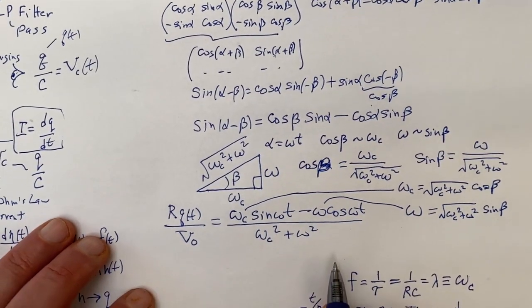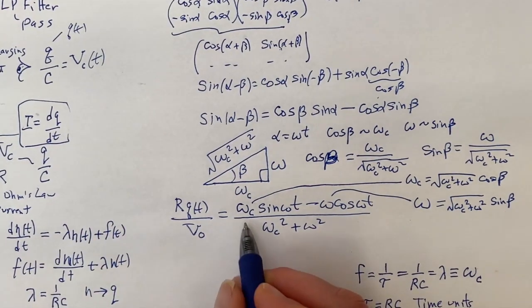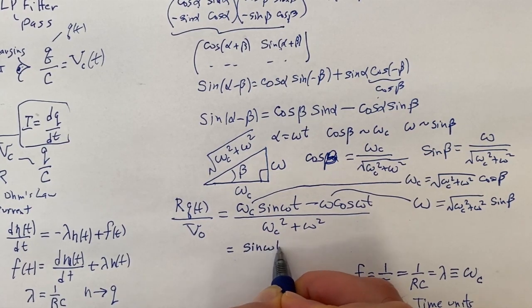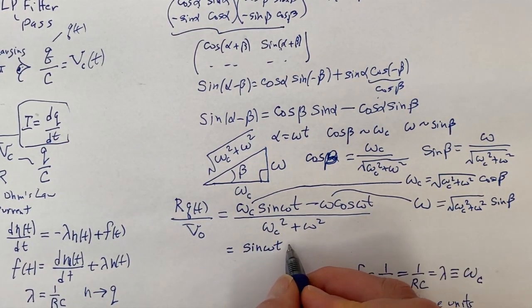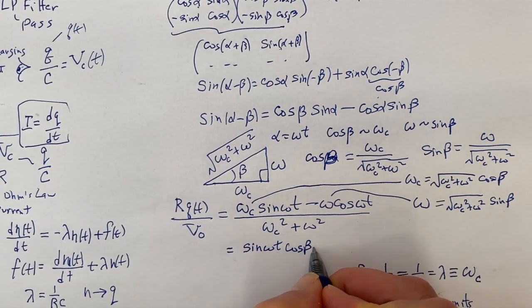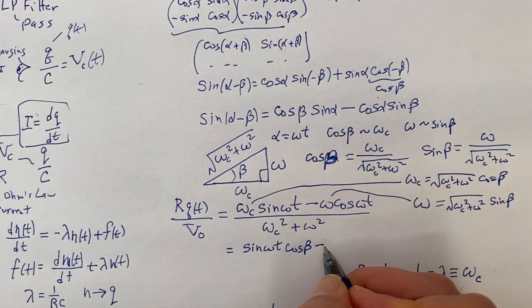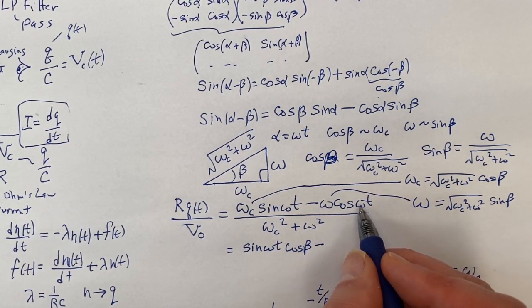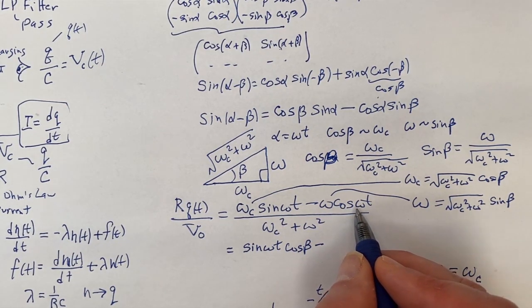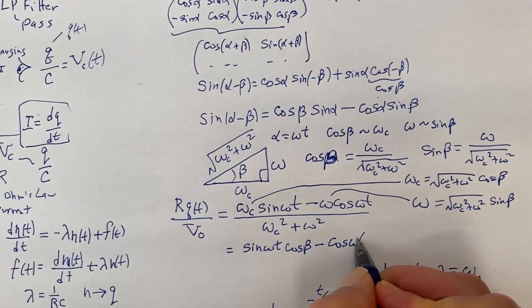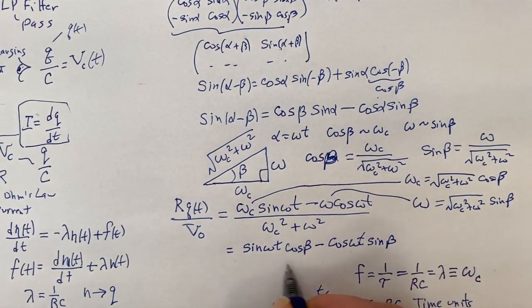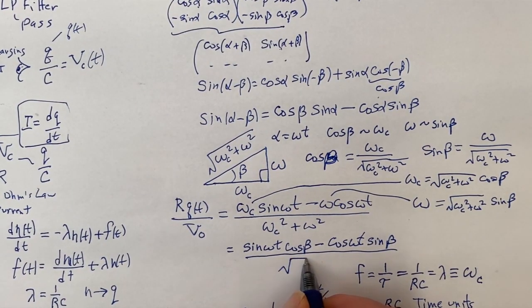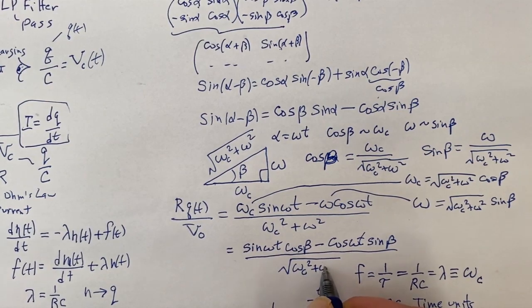So when we plug these into this equation, we're going to get the sine of omega t first, and then this omega c is going to be cosine beta, and then minus, over on this side, your cosine of omega t times your sine of beta. And notice that that square root is going to knock this down to a square root of omega c squared plus omega squared.